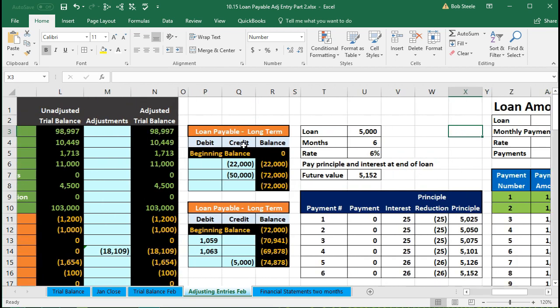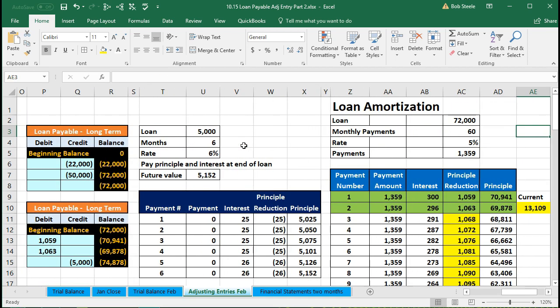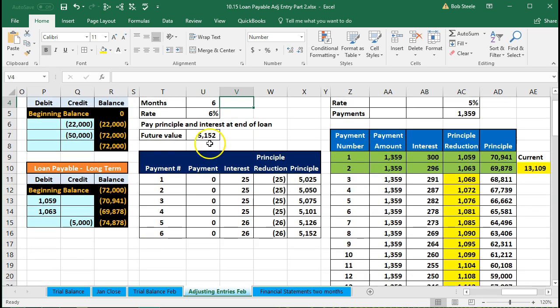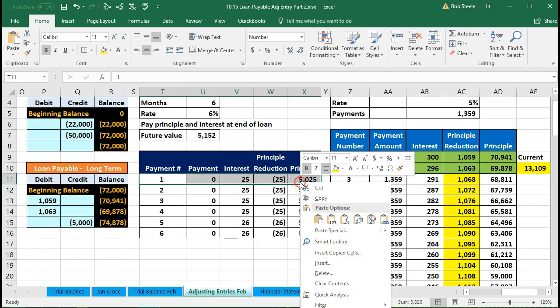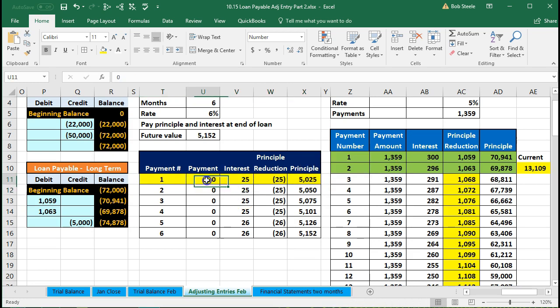So if we scroll back over here to our amortization schedule for the $5,000 loan, what we're saying is this first amount here, this payment, it's actually, we're not making payments until the end of the loan, but we have 6 periods, 6 months. And that means that the interest is accruing.